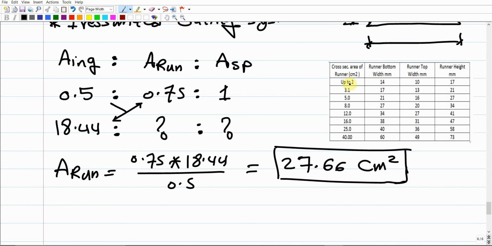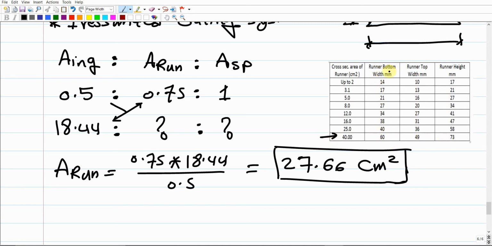Is it up to 25 centimeters square? No. Is it up to 40? Yes, it is up to 40. You're going to find that it should be within the range of 25 up to 40. So I'm going to use this row, and we do have these three values.